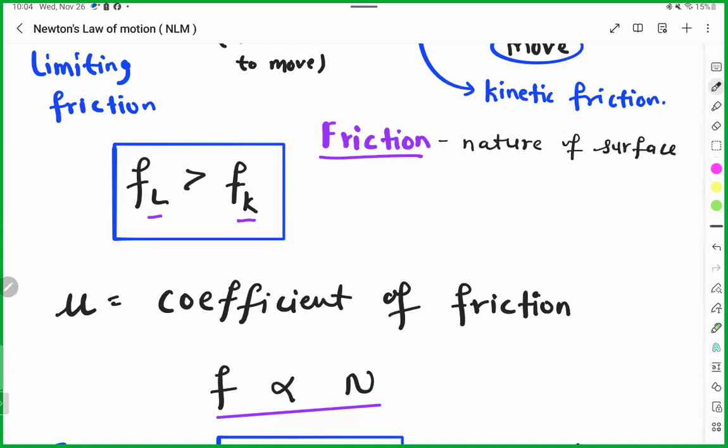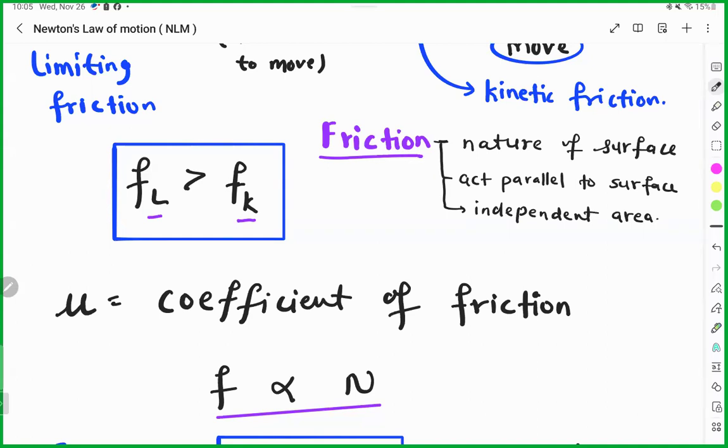Smooth, less friction. Second, we already said this friction always acts parallel to the surface, but you will miss it, that's why I'm writing it again. Parallel to the surface. Third, you will feel that if we increase the area, friction will be more. No, it is independent of area.